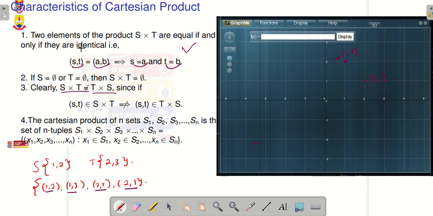So let's demonstrate with another example.